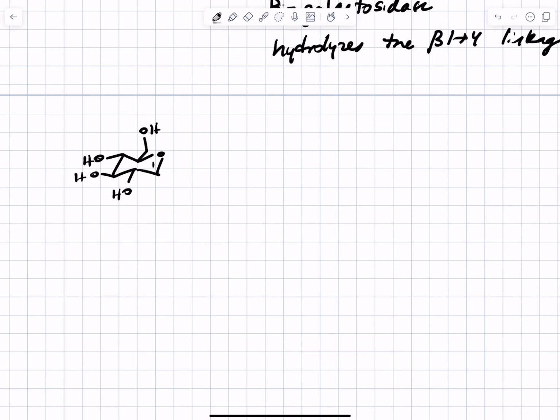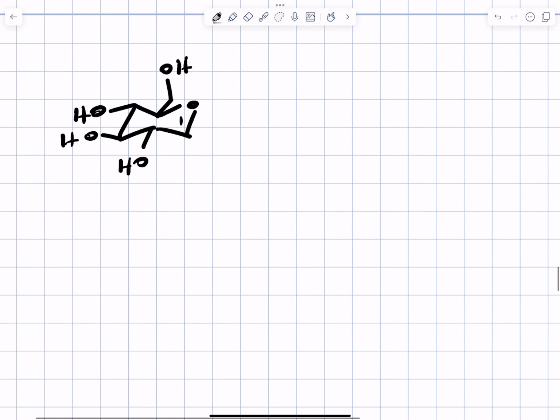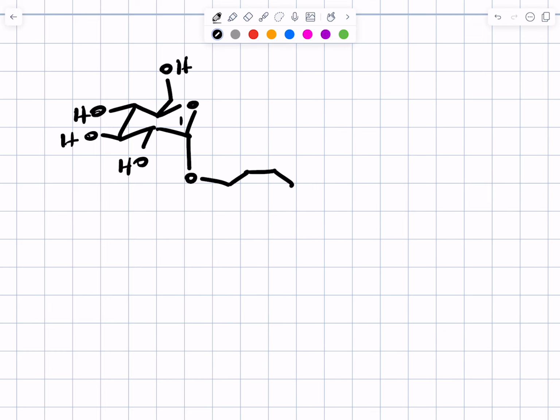Here's the C1 carbon, and then here's the oxygen. But that oxygen is attached to the acetal carbon of another carbohydrate. So I'll draw that carbohydrate for you here. It's a 5-membered ring sugar called fructose.